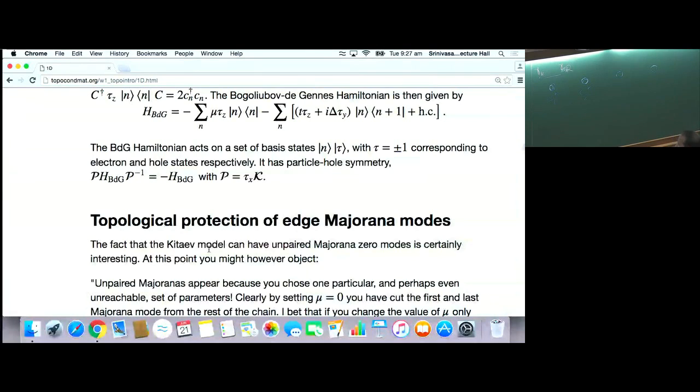But you also have the hole on each of these sites, and together I'm calling these capital C1, capital C2, and so on. This is just notation.